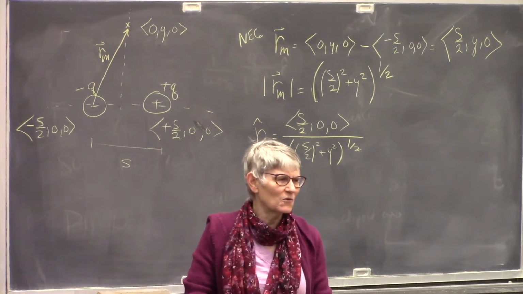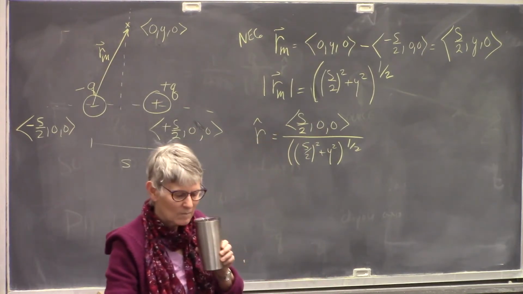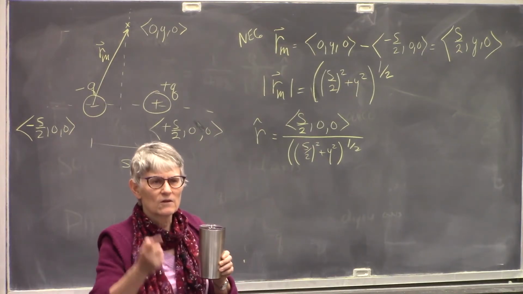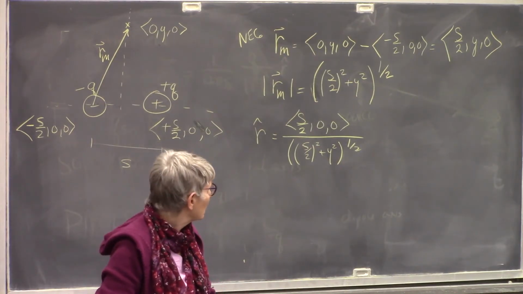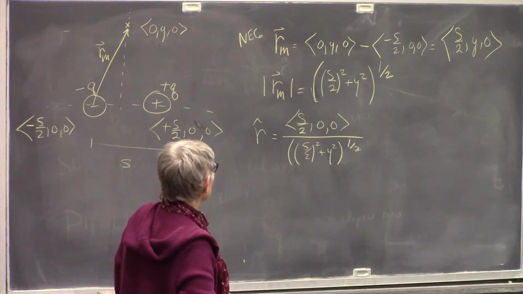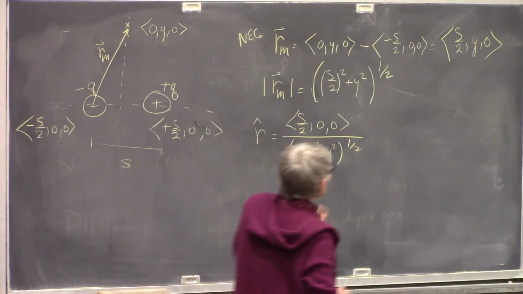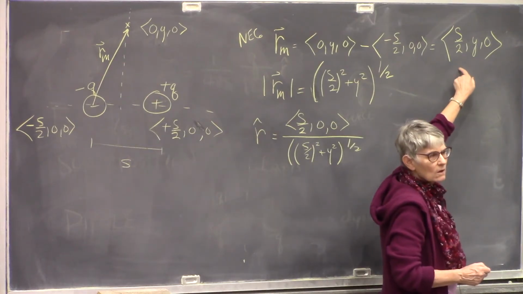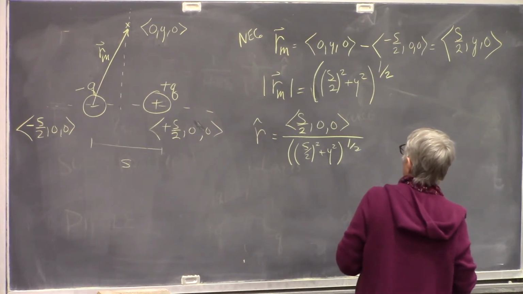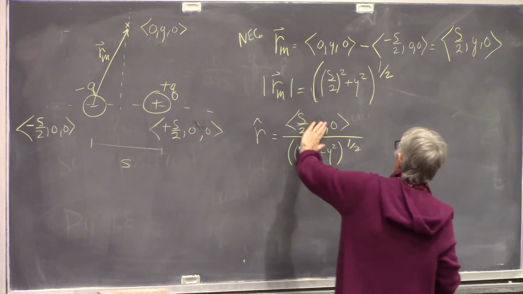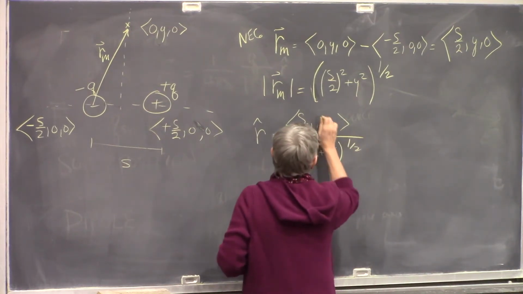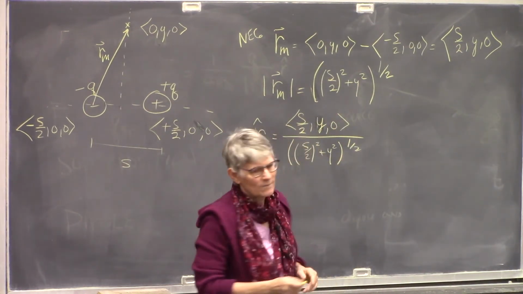I don't think I did anything wrong so far. Good. Yes, Jonathan? Isn't it s over 2, y, 0? That is what it says, r hat. Yeah, s over 2, y, 0. You're right. I did make a mistake. Thank you. Okay.